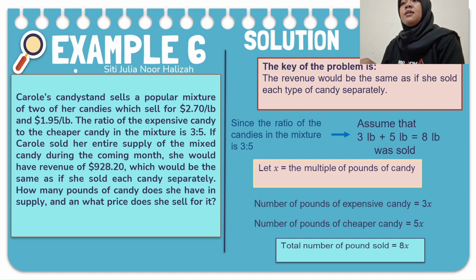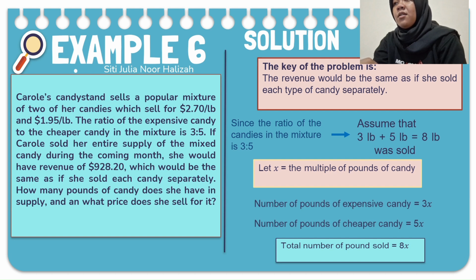Okay, this is example 6. This is the question. Carol's candy stand sells a popular mixture of 2 of her candies which sell for $2.70 per pound and $1.95 per pound. The ratio of the expensive candy to the cheaper candy in the mixture is 3 to 5.